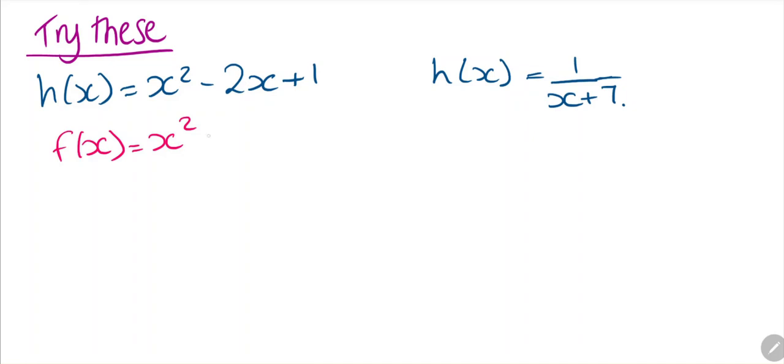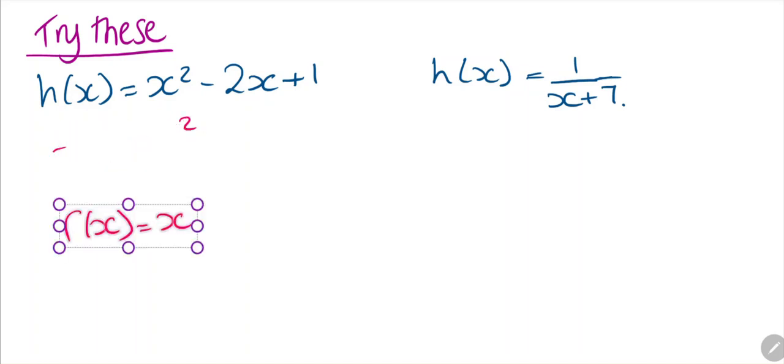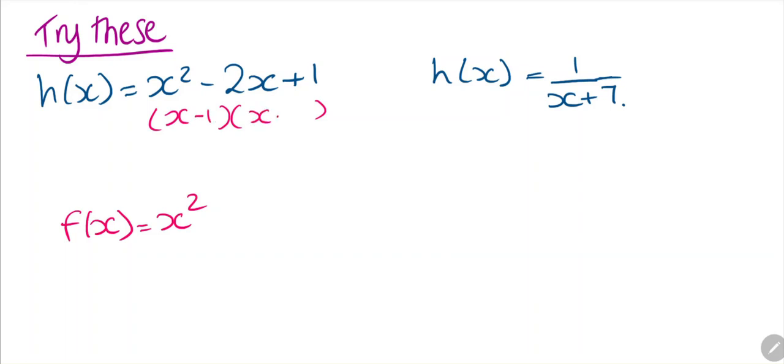So if we were to factor, we would have x minus 1 and x minus 1. So if we put x minus 1 squared into x squared, we will have our solution.